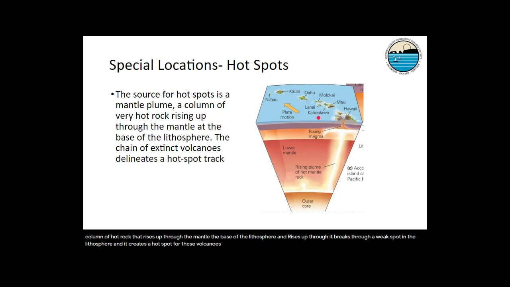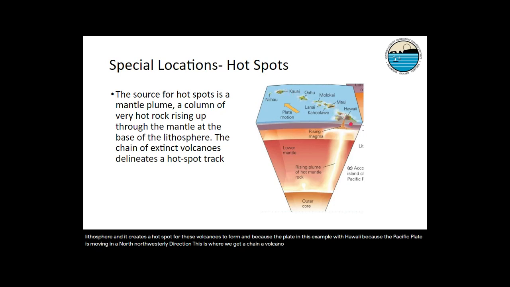And because, in this example with Hawaii, the Pacific plate is moving in a north-northwesterly direction, this is where we get a chain of volcanoes.